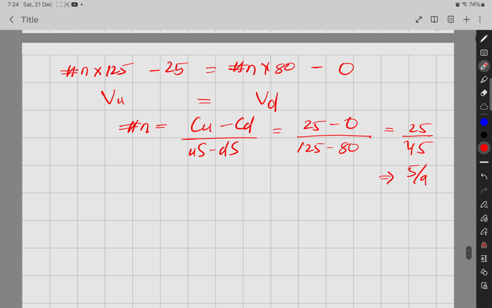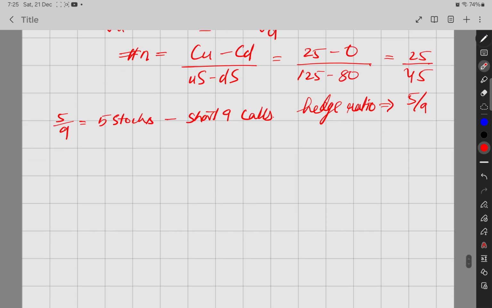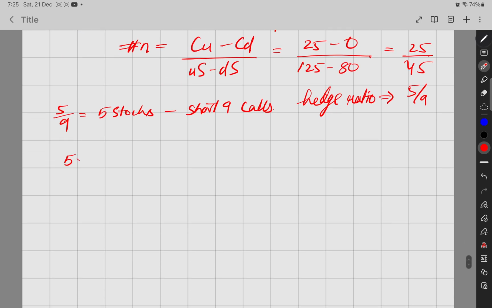So how do you interpret this? This is the hedge ratio. 5 by 9 would mean 5 stocks and short 9 calls. So let us try it once. You buy 5 stocks. In the upside it's 125 minus CU, which is just 25, times 9, and in the downside you have 5 times 80 minus 0 times 9.